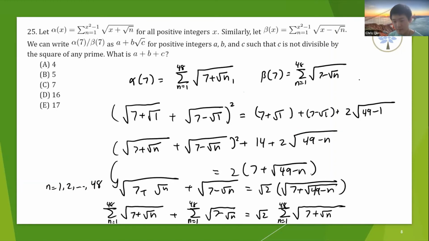And this is because this last term, when you sum it from n equals 1 through n equals 48, is going to be exactly the same as summing root 7 plus root n from n equals 1 to n equals 48.